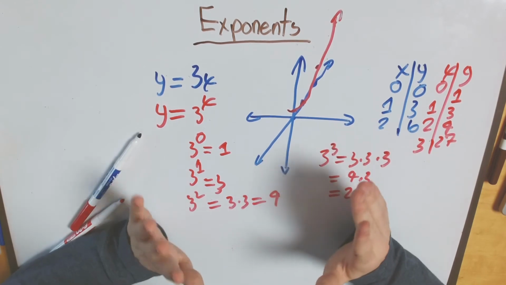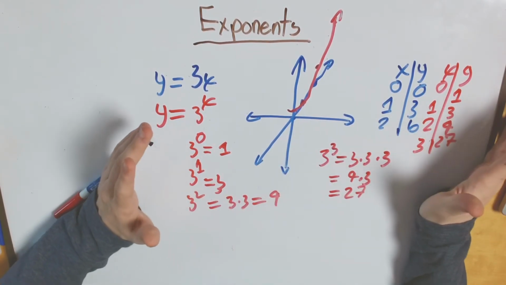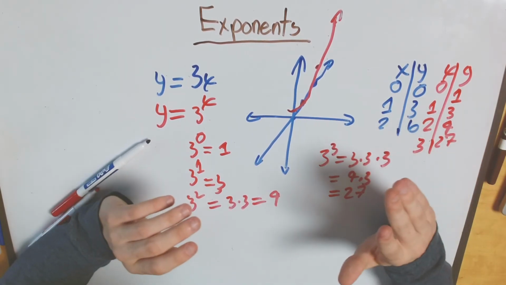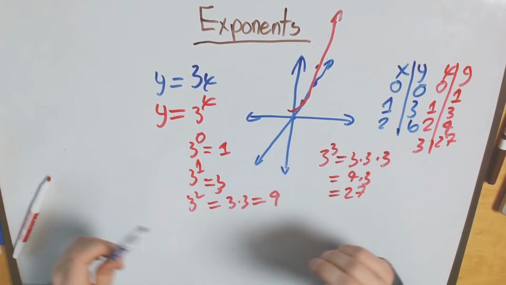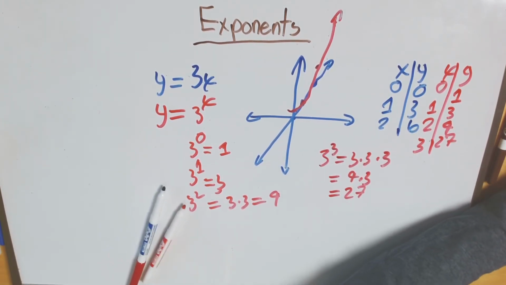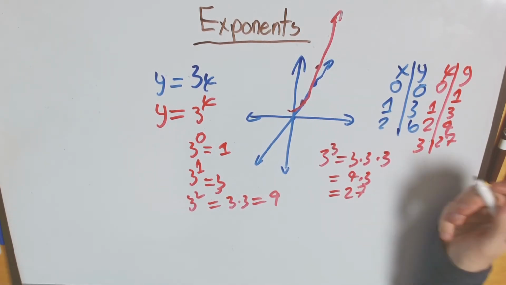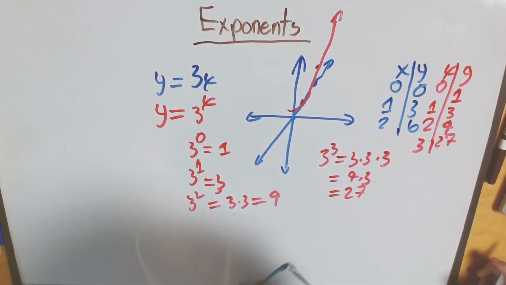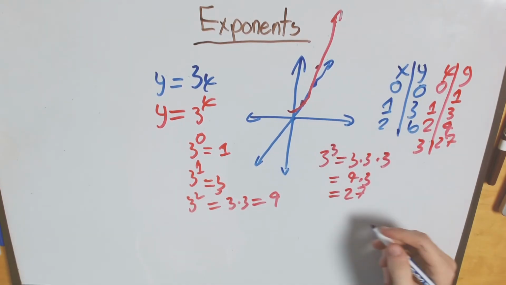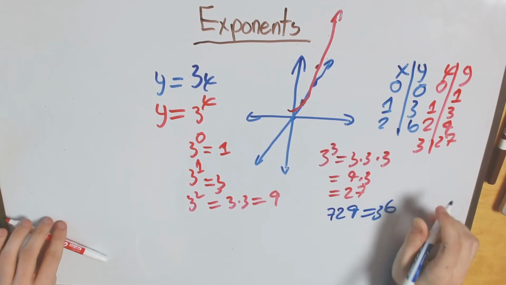And that's what makes exponents really useful, because we can take really big numbers and write them down into much more comfortable forms. For example, we can write 27 as just 3 to the 3, or 729 as 3 to the 6.